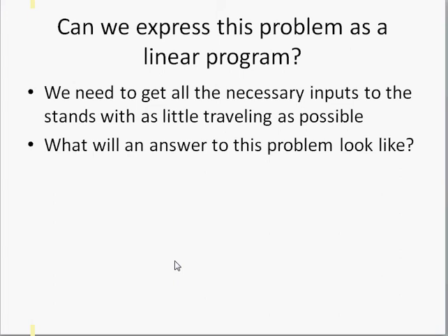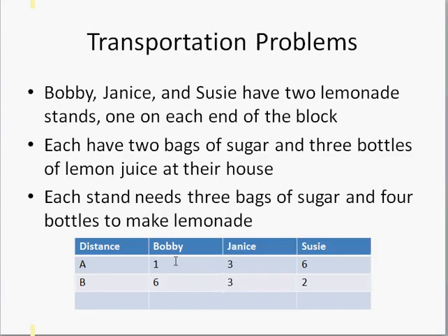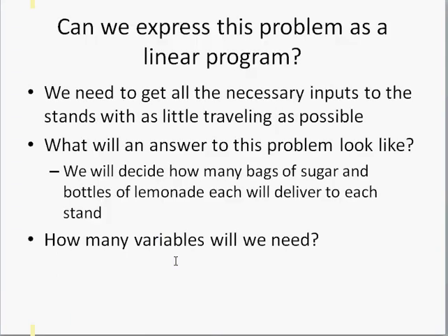A solution to this is going to tell how much of each item each person delivers to each location. So that's actually quite a big multiplication problem. 3 people times 2 inputs times 2 destinations is 12 things. That's a big objective function.